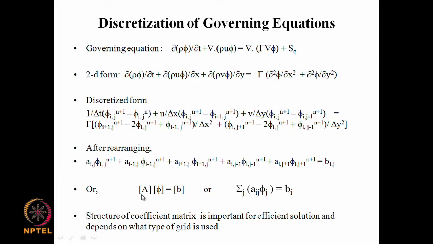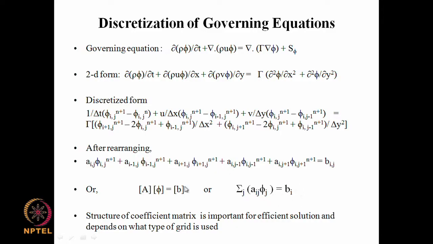and this can be put in the form of A phi equal to b, where A, phi and b are matrices, or it can also be written as sum over j of a_ij phi_j equal to b_i. And since we are summing over j, we are left with I number of equations for the I number of variables.